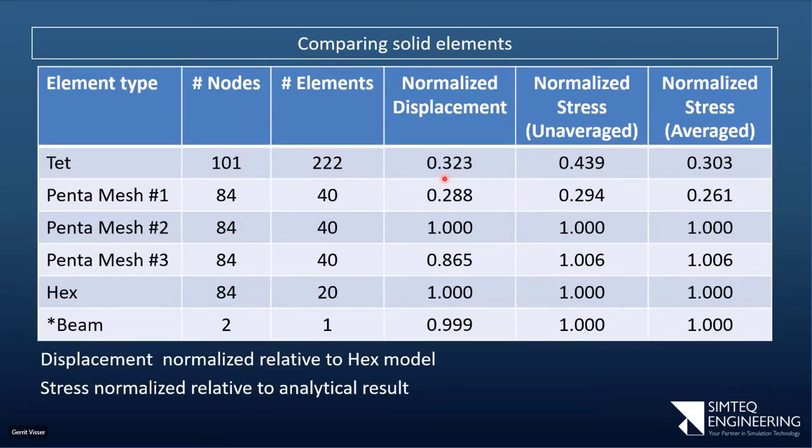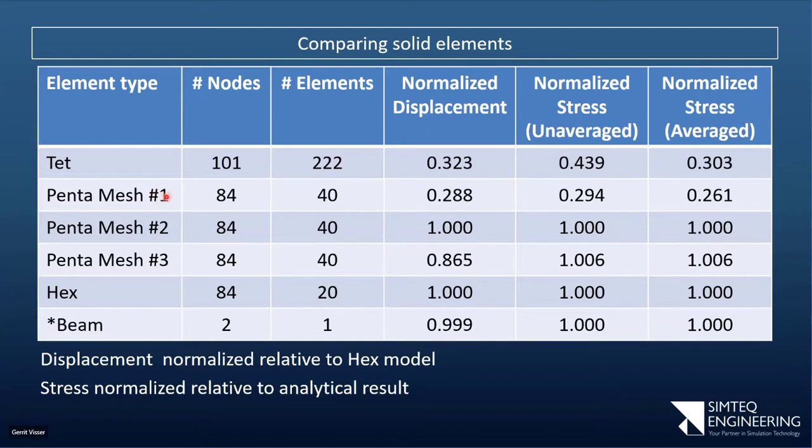So getting back to this, the TET mesh normalized displacement relative to the X mesh is only 0.323, meaning I have to multiply that by slightly more than 3 to get to the actual displacement. So that would be an error of, what's it, 200% or something. I have to add double that to that same number to get close to the right answer.